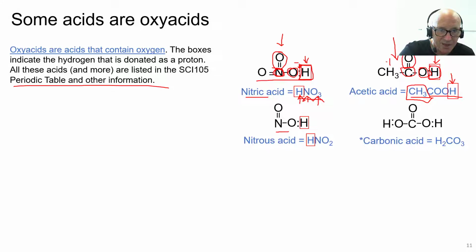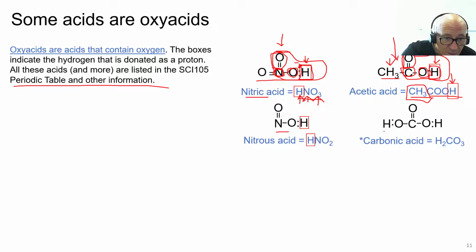That H there is attached to an oxygen, is attached to something, is attached to an oxygen double bond there. Notice that those H's there in acetic acid, they're not attached in the same fashion. It's this arrangement here that actually makes things acidic and allows them to donate protons.